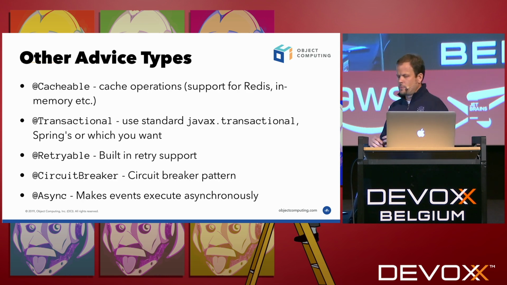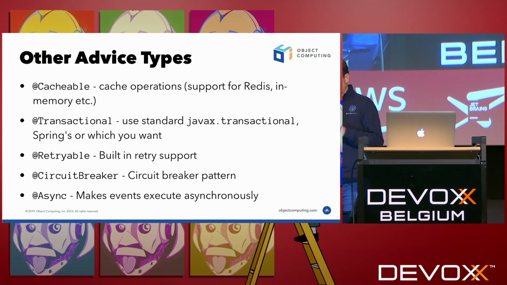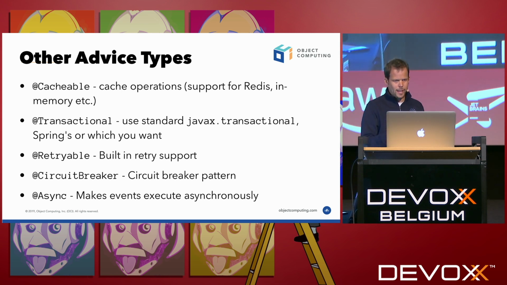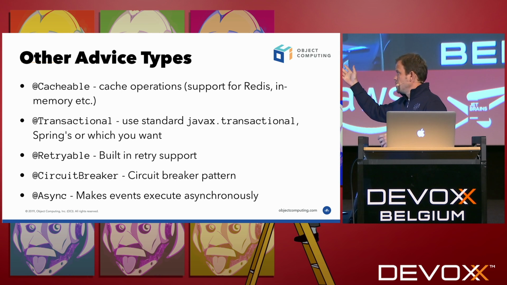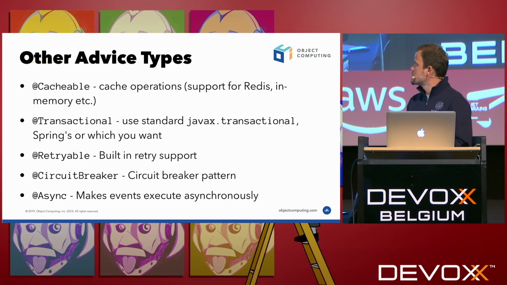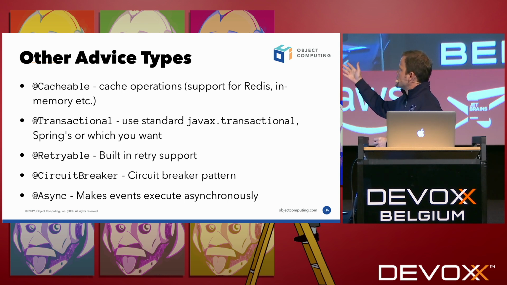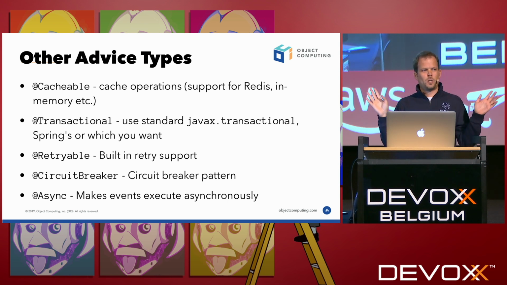And there's a whole bunch of other examples of Micronaut AOP in use throughout the framework. So you have things like @Cacheable, with support for Redis and in-memory cache. In the cache project as well, we also have cache and something else in progress. @Transactional, so as part of Micronaut Data, you can use whatever annotation you want.